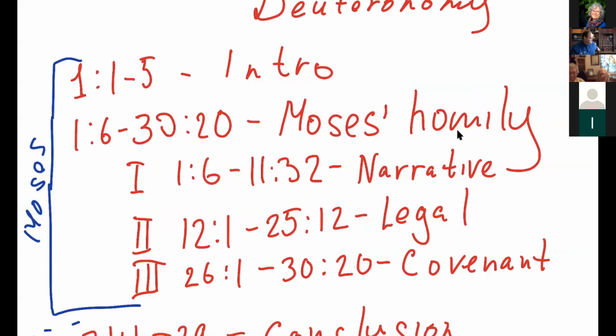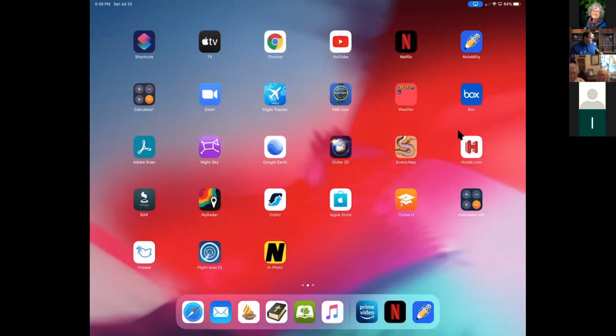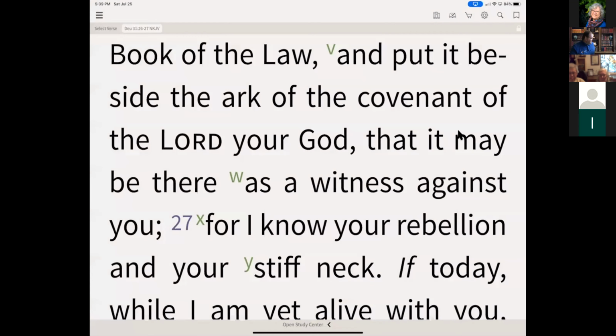How does he do this? He does it using the narrative.